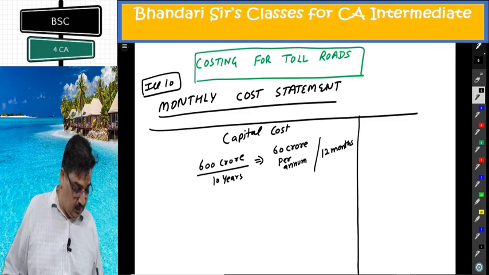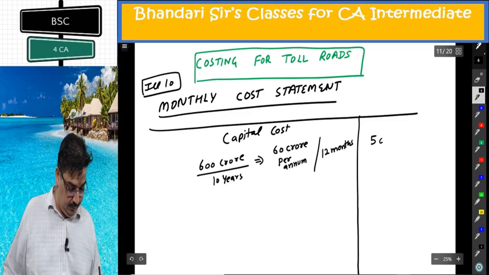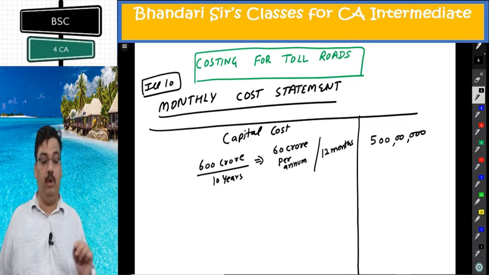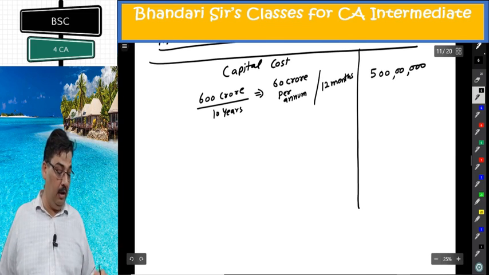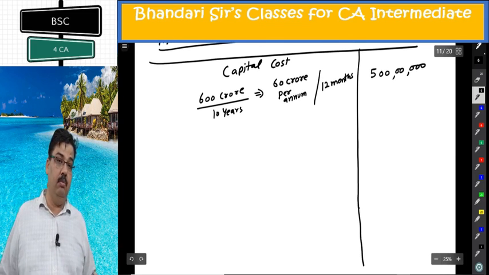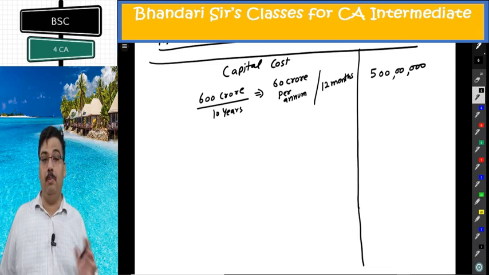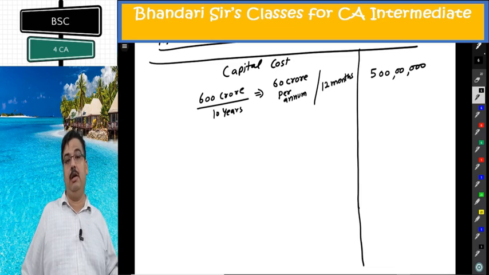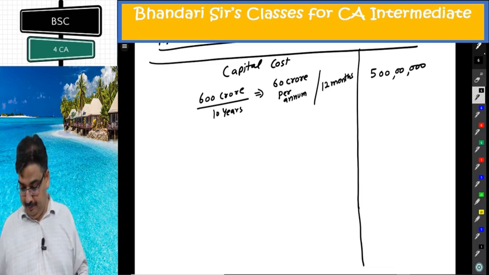So this becomes 5 crore rupees. Monthly, 5 crore rupees they have to get for the capital cost they have incurred. What is the capital cost here? Building the roads. Lots of money they have spent building the roads, maybe making the office there. So they are all included here.